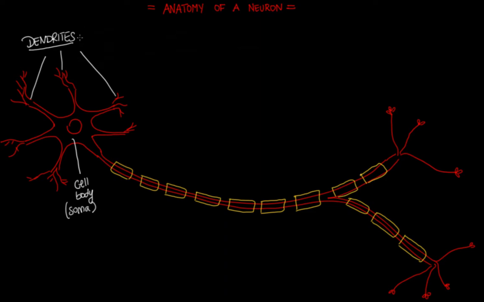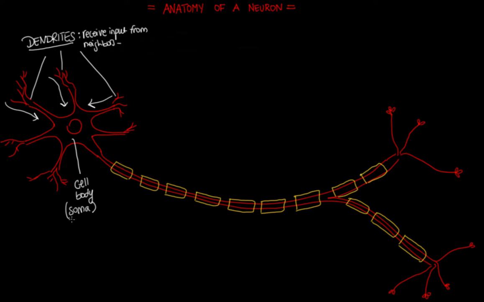So dendrites, they are actually the primary site by which this neuron is going to receive information. So they're going to receive input from neighboring neurons, so from neighbors. And once they receive this information, it is then going to be sent towards the cell body or the soma.